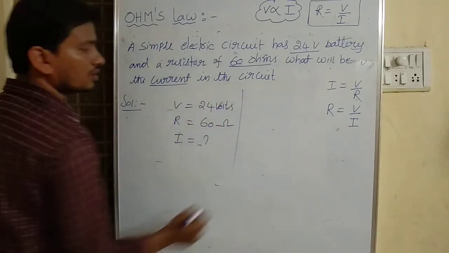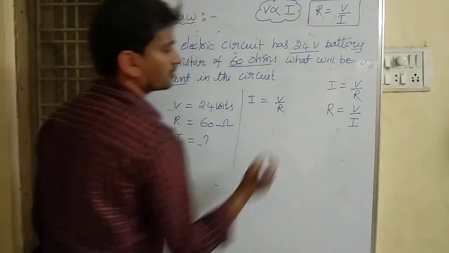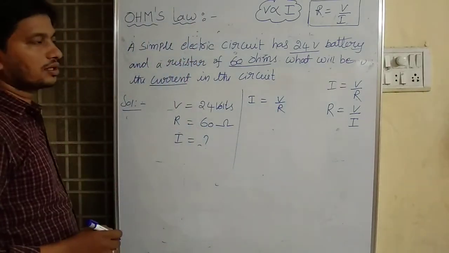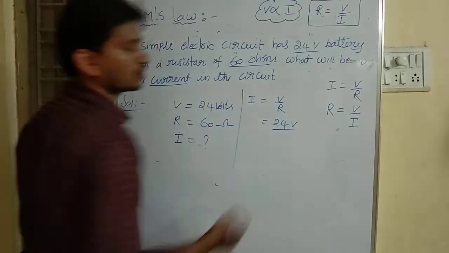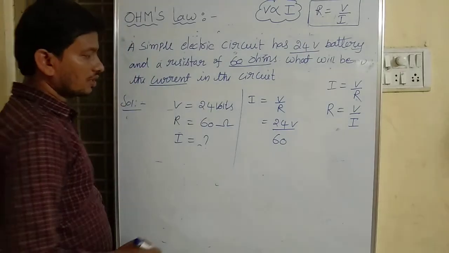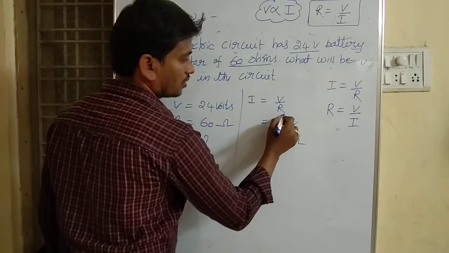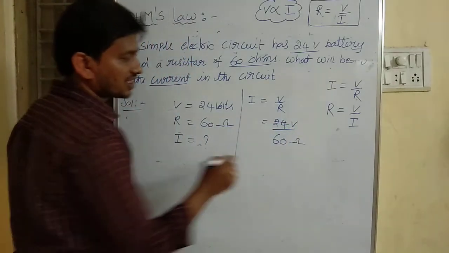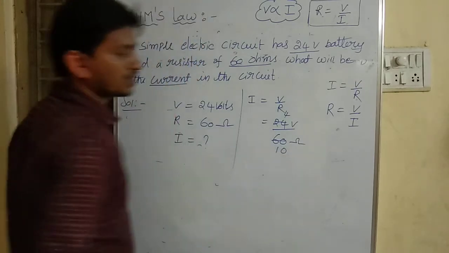We have the formula I equal to V by R. What is V, students? Here V is given as 24 volts and resistance is 60 ohms, right? So the 6 table: 6 fours are 24, 6 tens are 60.